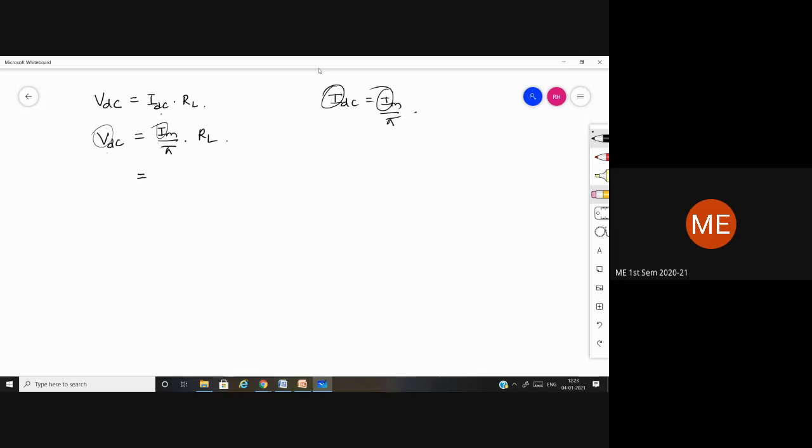So to convert Im to VM, we already have a formula, right? In the beginning, Im is equal to VM by RL plus RF plus RS. So VM by RL plus RF plus RS into RL by pi. When you compare RL with RF and RS, the load resistance will always be very, very high compared to the forward resistance of a diode and the resistance of the coil.